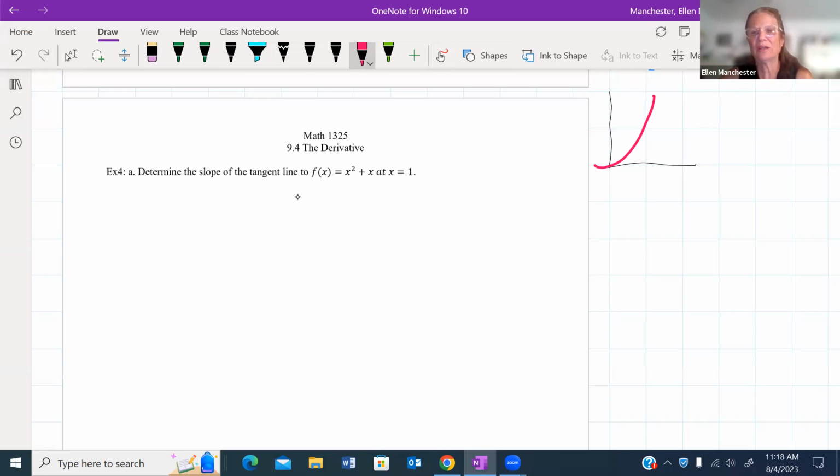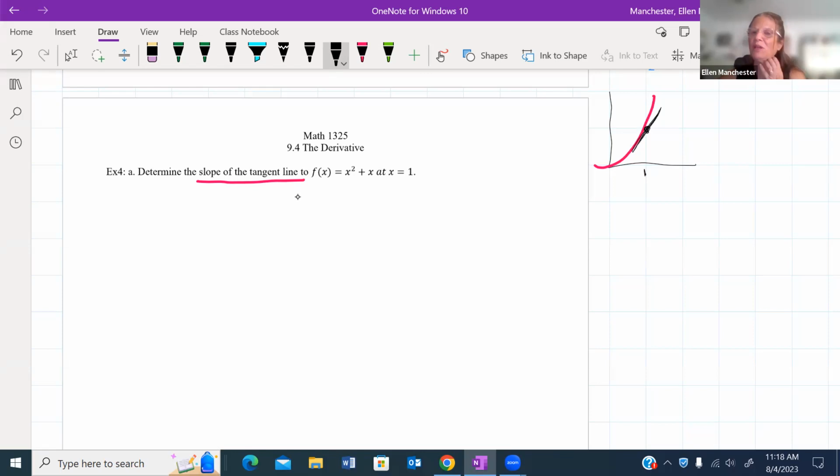We don't know exactly what it looks like, but that's what it looks like, kind of. I'll put it on Desmos in a minute. So this is x squared plus x at x equals 1. So when it asks for the slope of a tangent line, what it's saying is, okay, if this is x is 1 right here, we want to know what's the slope of that tangent line right there.